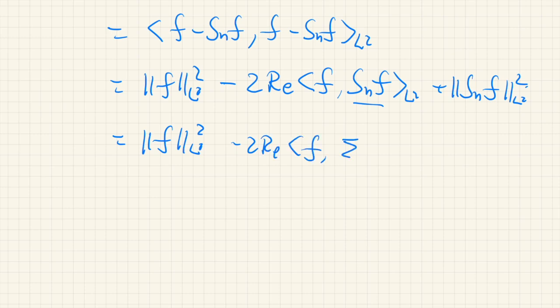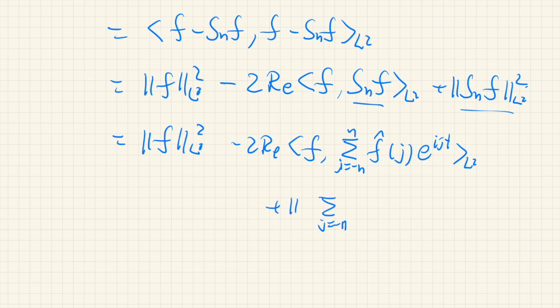Snf is the sum over j from negative n to positive n of f hat j times exponential of ijt. And this one also, the norm squared of the sum of f hat j e to the ijt. Now, using the linearity, we can take this out and consider the inner product between f and this function.